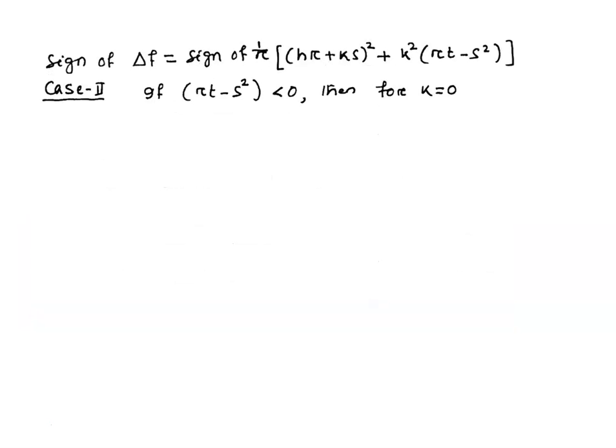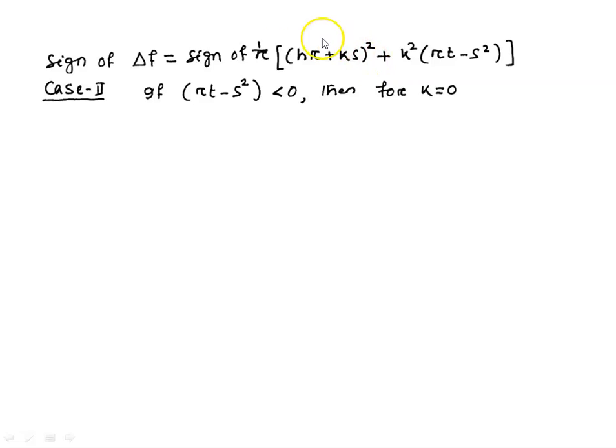Now in case 2, rt minus s square is less than 0, it is negative. Now let us consider the difference delta f. We have sign of delta f is equal to sign of 1 upon r, hr plus ks whole square plus k square into rt minus s square. Now if rt minus s square is negative and k is equal to 0, then what happens? Then the second term, k square into rt minus s square, will become 0.